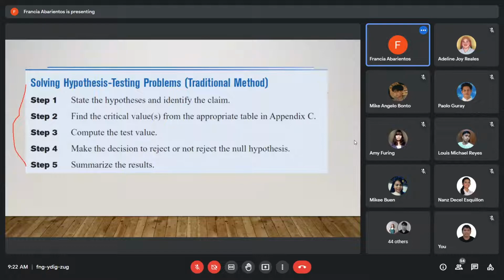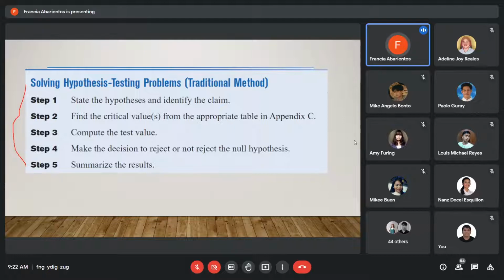Okay, take note in solving the traditional method. You need to state the hypothesis first. You need to identify your claim. If your claim is greater than, less than, or just equal to that of a mean.